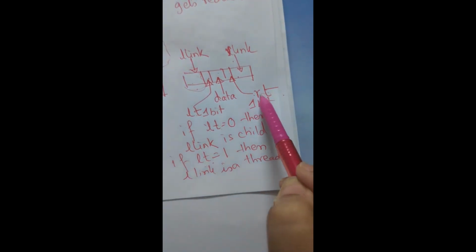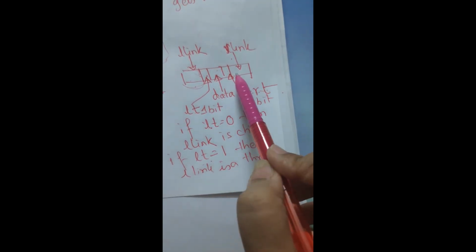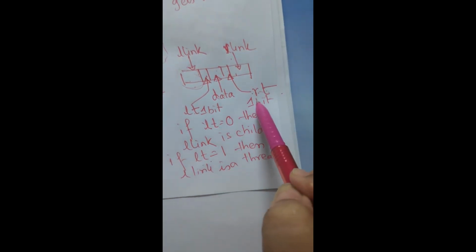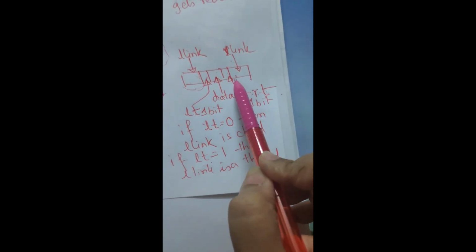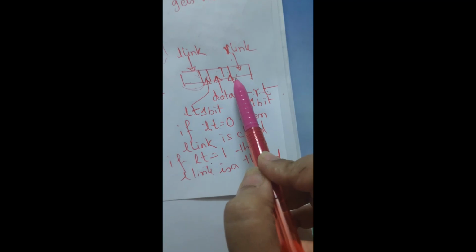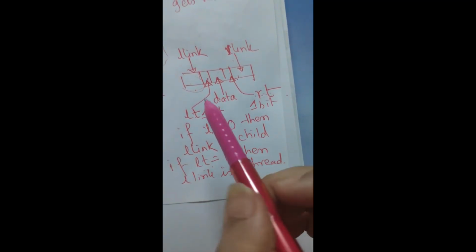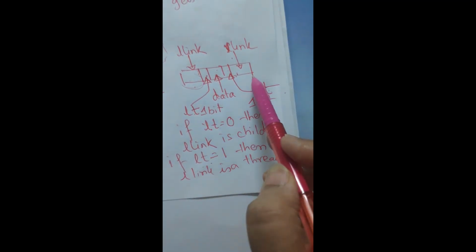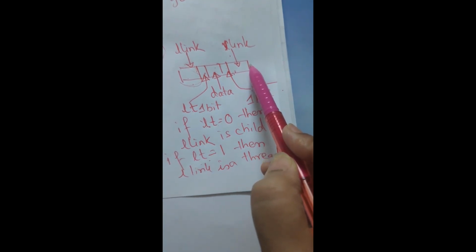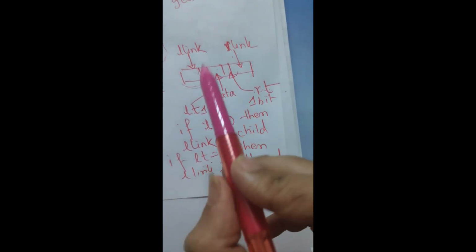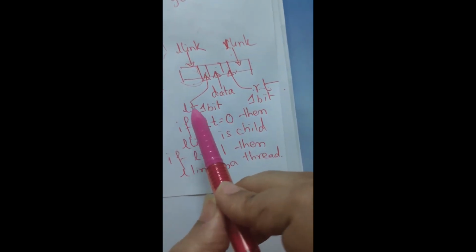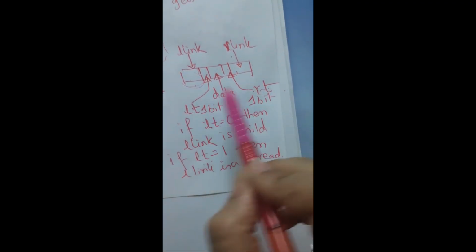Clear? RT value 0 means the R link has a child link. RT value 1 means the R link is a thread address. So to determine whether the link is pointing to a child or a thread, we need to add 2 1-bit values.